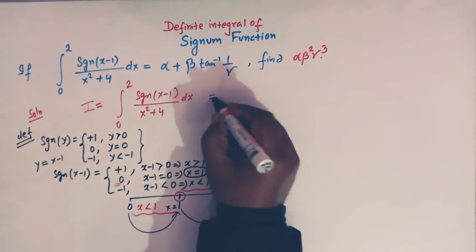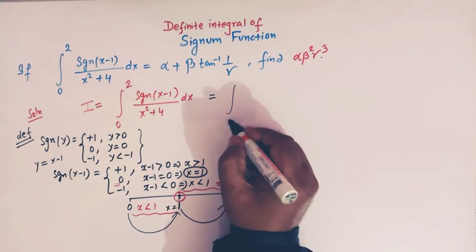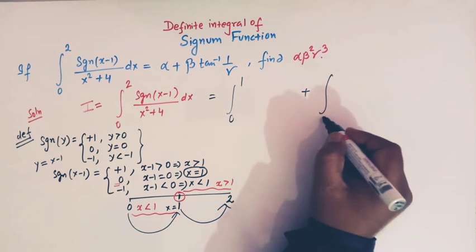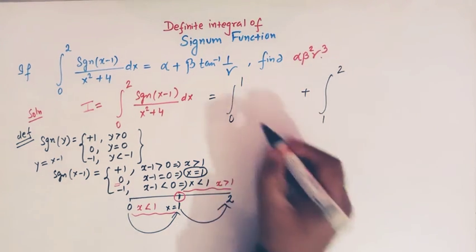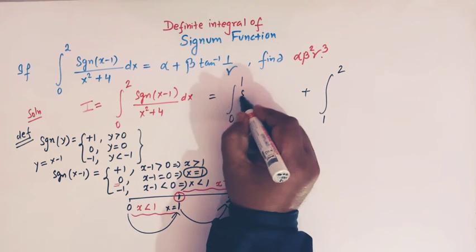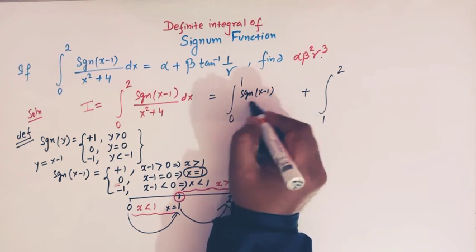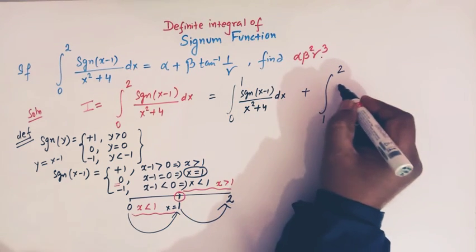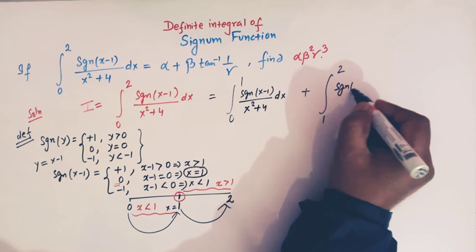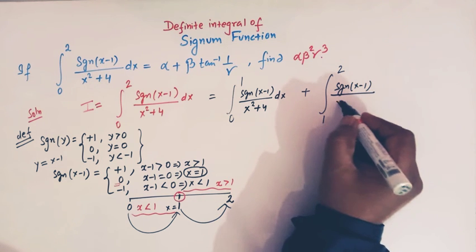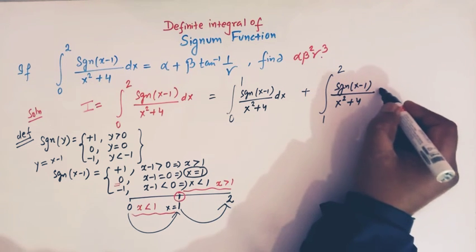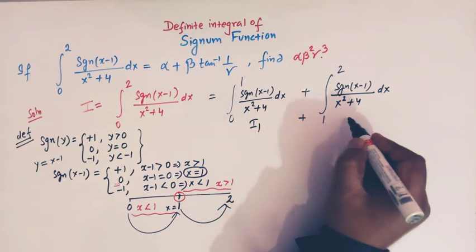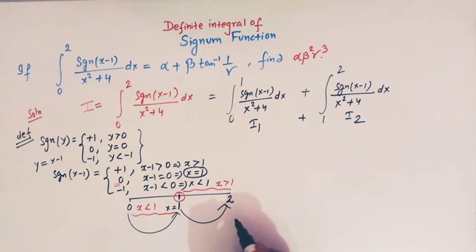So we can write this integral as the integral from 0 to 1 of signum of x minus 1 over x square plus 4 dx, plus the integral from 1 to 2 of signum of x minus 1 over x square plus 4 dx. This is I1 and this is I2.